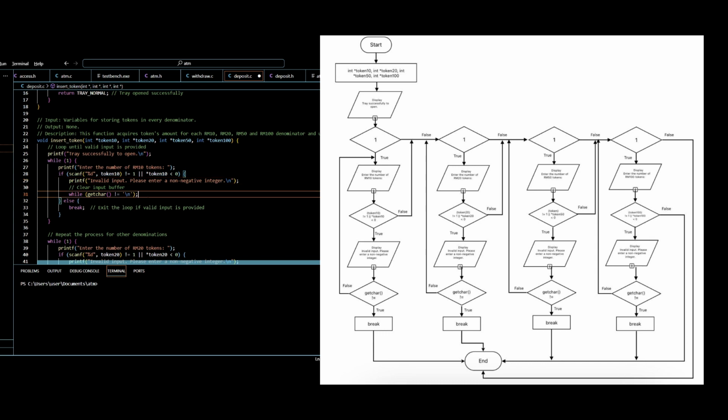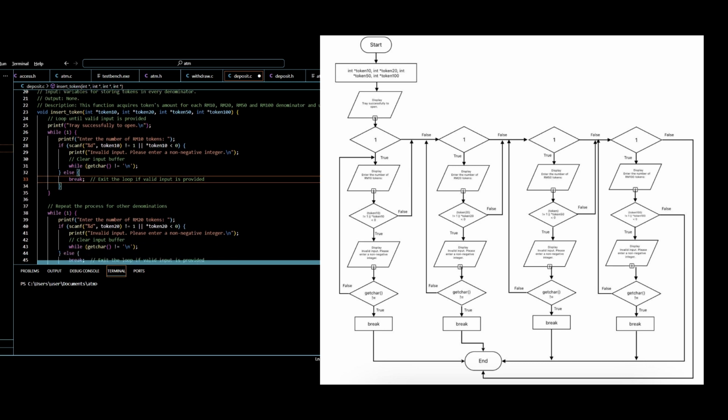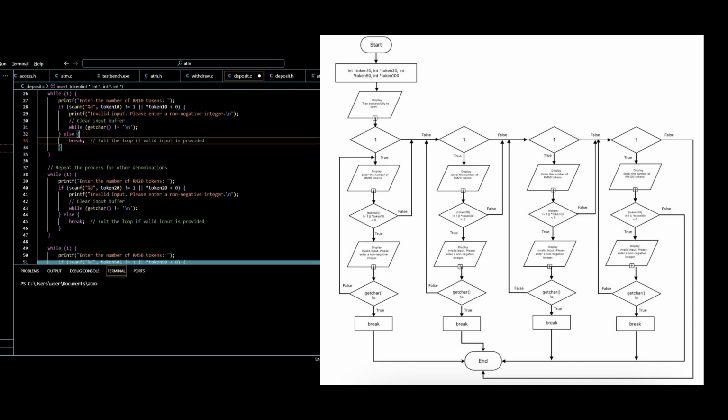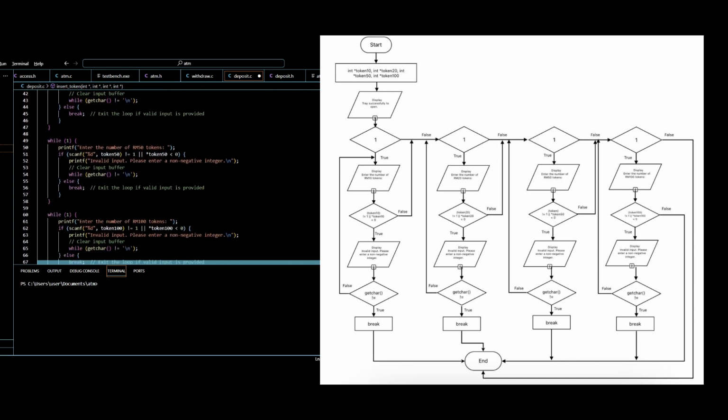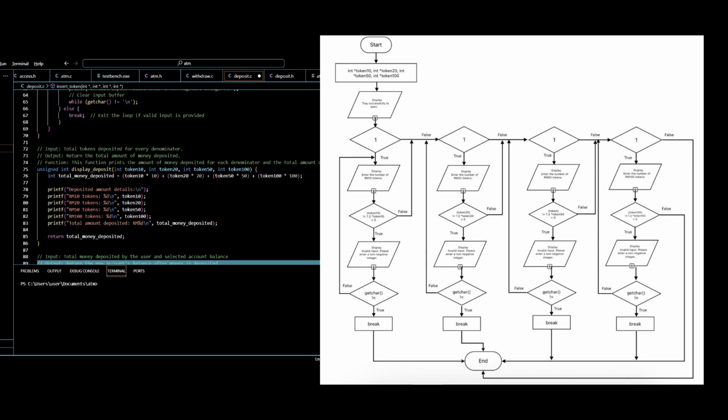Print "Invalid input, please enter a non-negative integer"; this prints an error message if the input is invalid. The while getchar loop clears the input buffer to handle invalid input. For the break, exit the loop if valid input is provided.